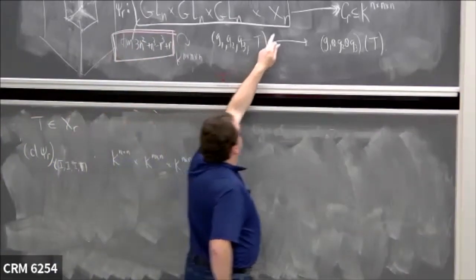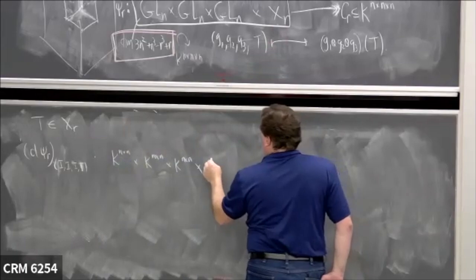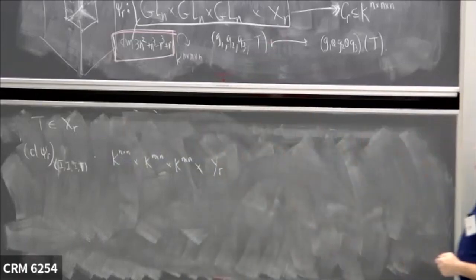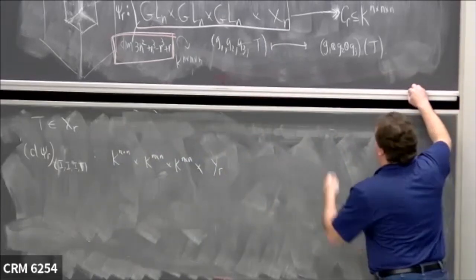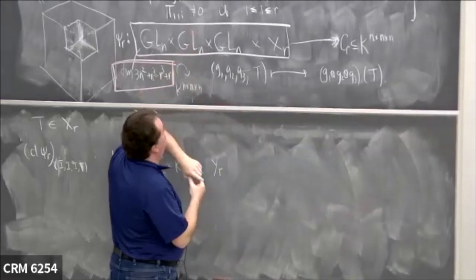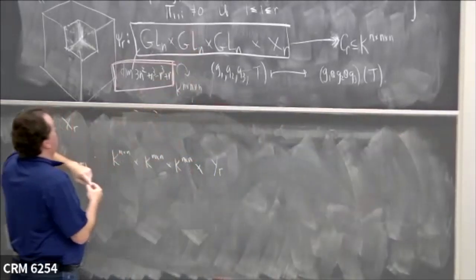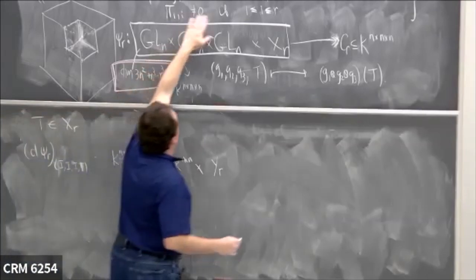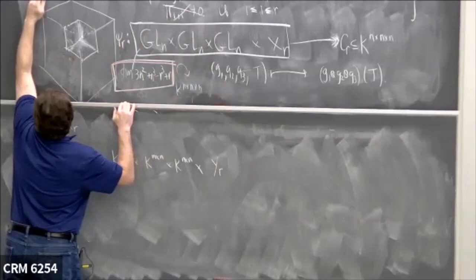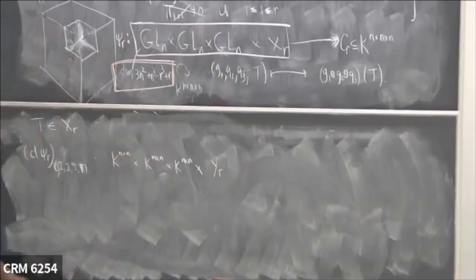And then the tangent space at t, maybe we call it YR, is almost the same as XR, except that XR is not a subspace, because I said this is not equal to 0. That's not an equality. But if I remove this whole condition, then you just get YR, that's just a tangent space.